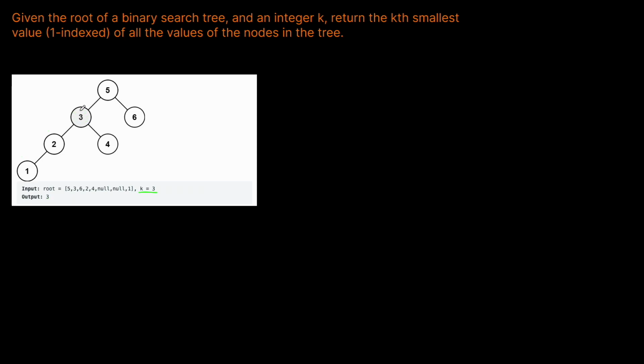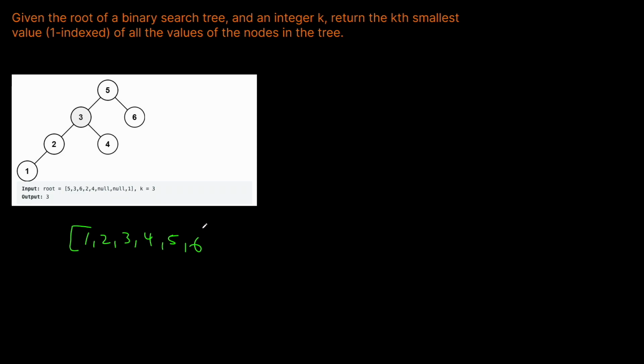So how do we want to do this? Well, there's two ways to do this problem, and we'll start with the naive solution. The naive solution is to simply perform an in-order traversal of our binary search tree. And if you don't know, an in-order traversal of a binary search tree will actually give you the elements in sorted order. So if we do this, we'll get a list back with 1, 2, 3, 4, 5, 6, right?